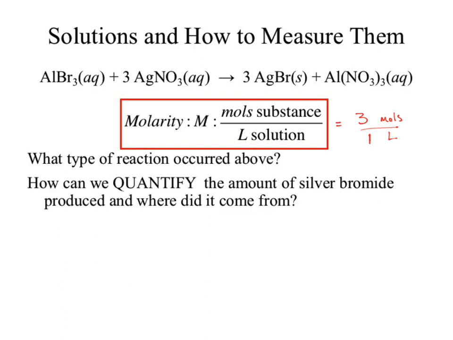Why is this now helpful? Well, what do I have? 3 moles per every 1 liter. I have a conversion factor that can now allow me to convert between moles and volume. That becomes really important. That's kind of like how we would convert between molecules and moles, or grams and milliliters, or moles and grams.